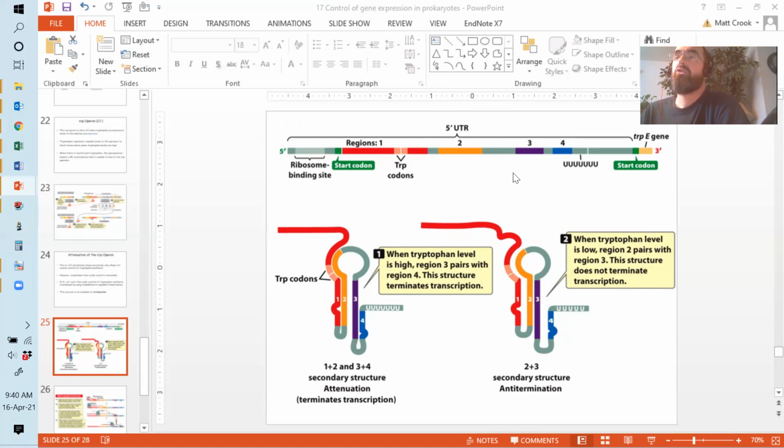And the thing that controls which combinations form is whether or not the ribosome pauses over these 2 TRP codons. And remember, RNA polymerase is kind of around here as the ribosome is over here, right? So as soon as that region 1 is cleared by the RNA polymerase, it can be translated, right, by the ribosome.